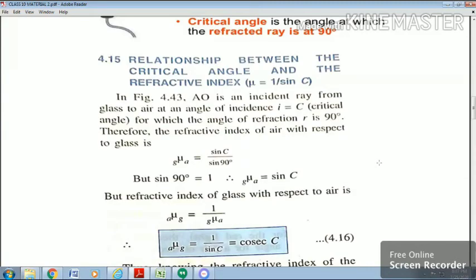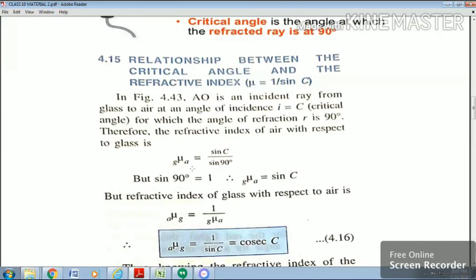Now we will discuss the relationship between critical angle and refractive index. Refractive index we denote as mu. According to Snell's law, refractive index is equal to sin I by sin R. So sin I here will be sin C, because angle I is equal to the critical angle, and when there is critical angle, the angle of refraction is 90 degree.